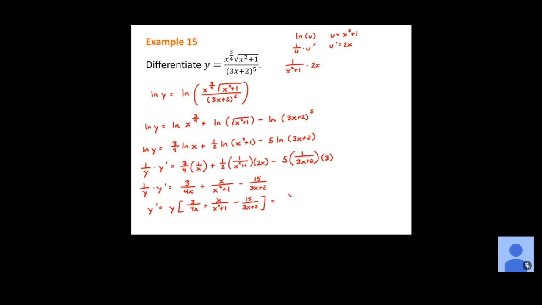And so this just becomes x to the 3/4 square root of x squared plus 1 over 3x plus 2 to the 5th, times everything we've got in here now: 3 over 4x plus x over x squared plus 1 minus 15 over 3x plus 2. So this right here would be our final answer for our derivative.